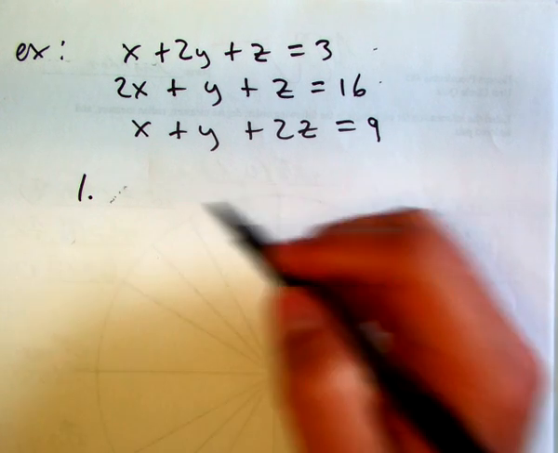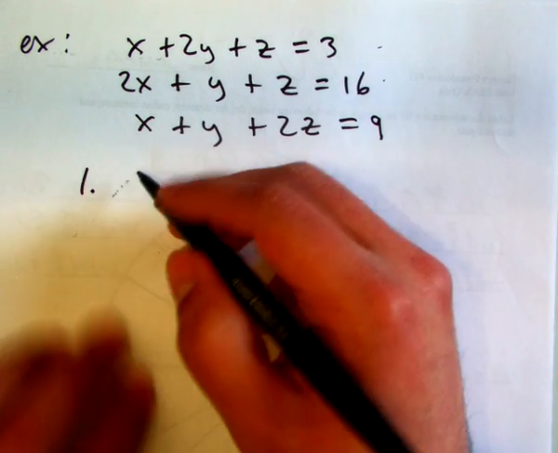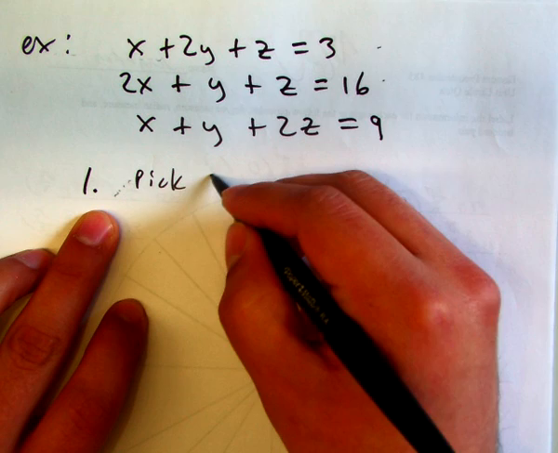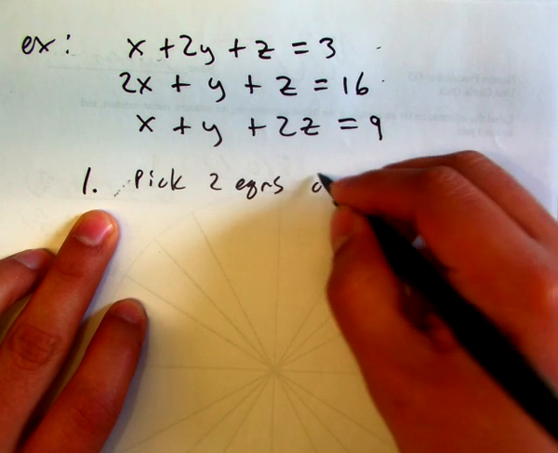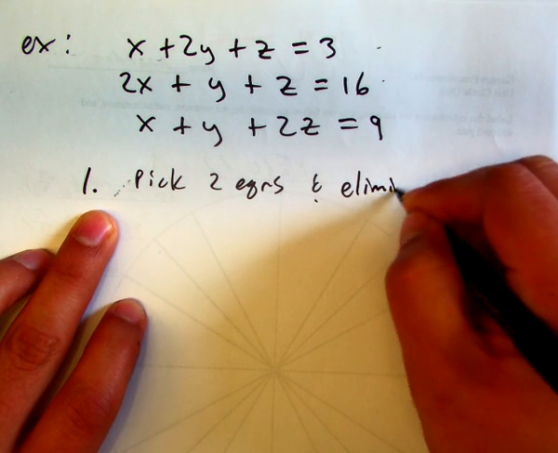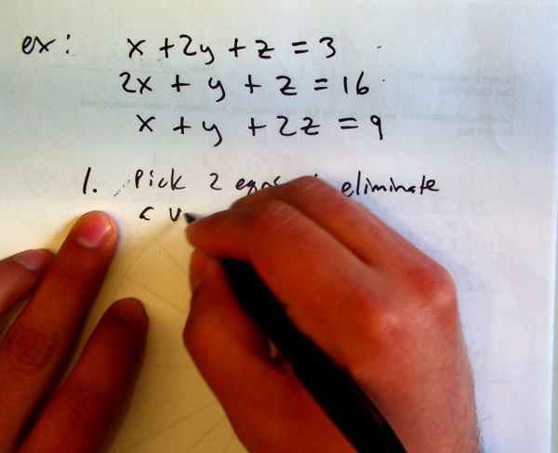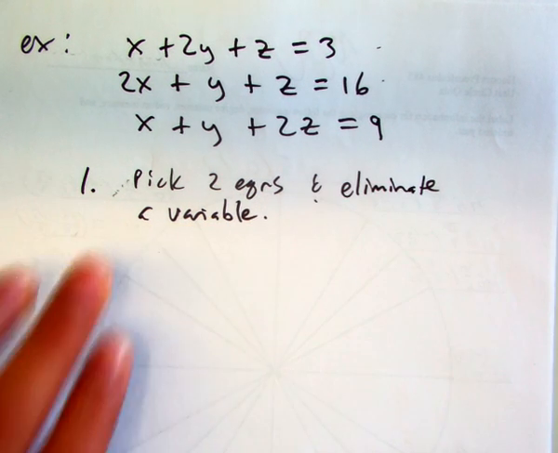Number 1. Pick 2 equations and eliminate a variable. That's your first move.